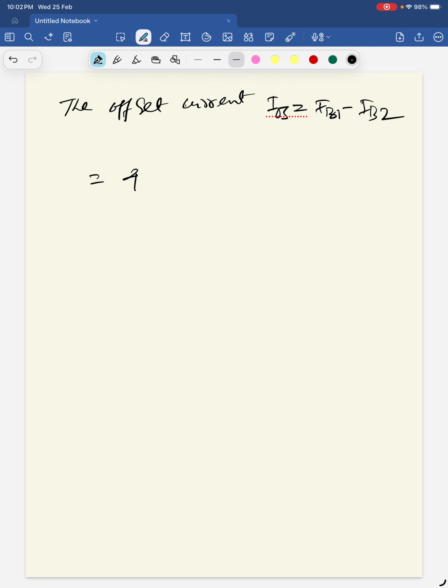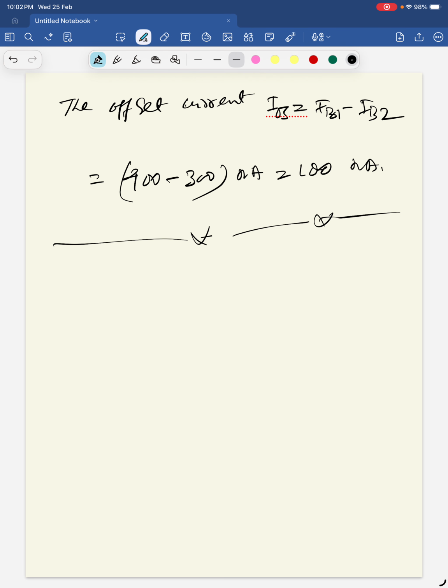So IB1 is 400 only and this is 300 only. This is nanoampere. So 100 nanoampere. So this is the numerical. So hope you people understand. Now we will go for some other numerical one by one. These are very simple only.